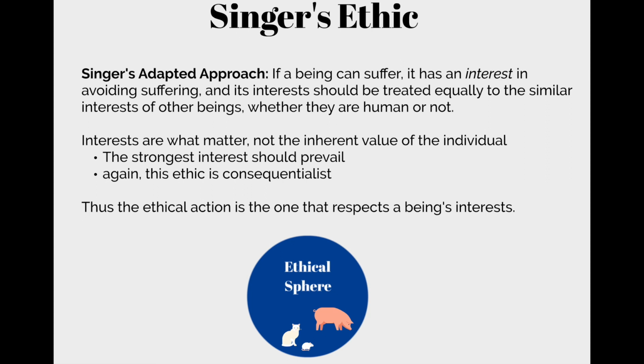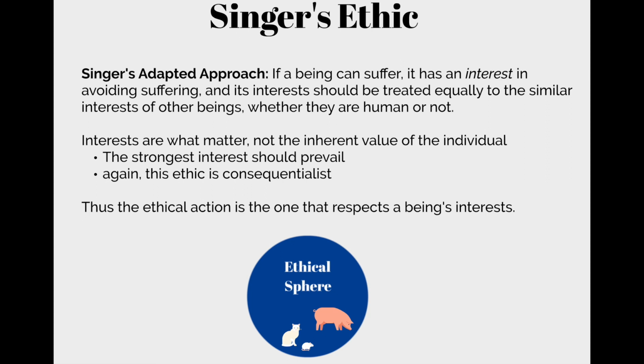If you can feel pleasure and pain, and you have an interest in not feeling pain and an interest in feeling pleasure, then you should be placed into the ethical sphere. You have ethical importance. And so we need to ensure that your interests are taken into account when we decide what we want to do and what the right action is.